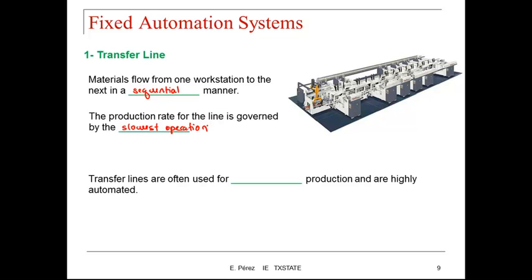So that operation is the one that is going to keep the pace of your process. And transfer lines are often used for high volume production, and these are very highly automated.